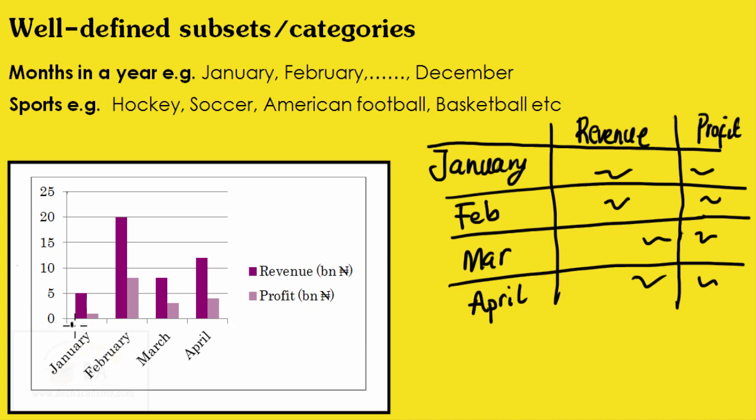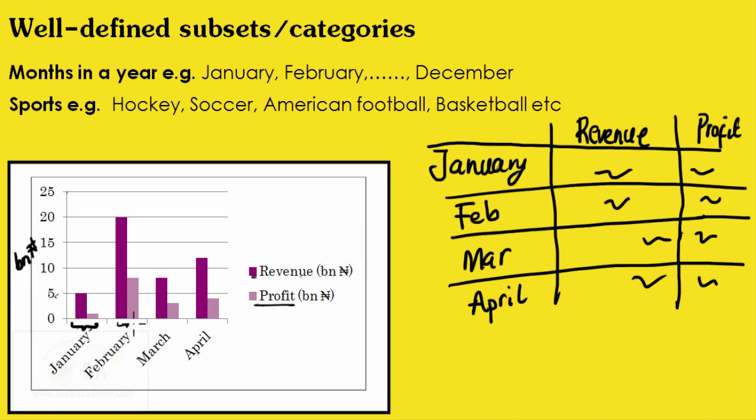So these two bars here represent revenues and profits for January. The first bar, which is this dark purple one, represents revenue. As you can see, dark purple is for revenue in billions of naira. This light purple bar represents the profits for the month of January. So for this case, the revenue in January is 5 billion naira. So this axis here has units of billions of naira.